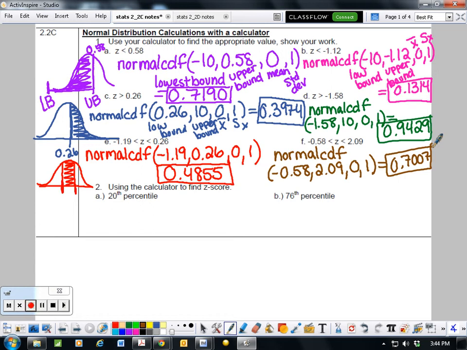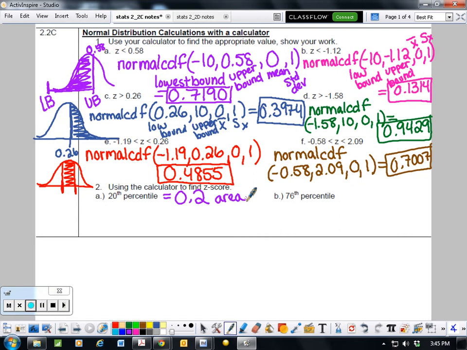Okay, so that's how to find that proportion with those curves, but now how do we work backwards? So now if I have the proportion, what does it look like? So remember, when I'm dealing with 20th percentile, I'm looking at 0.2 as my shaded area.